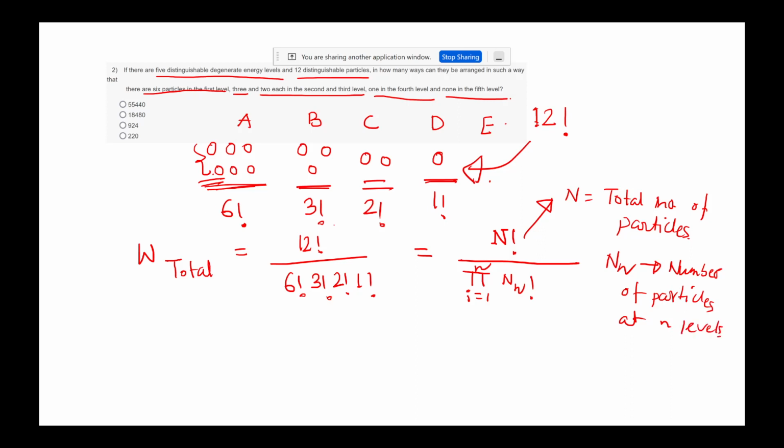That means here it is 6 for the first level, 3 for the second level, 2 for the third level, 1 for the fourth level, and 0 for the fifth level. So is this okay?